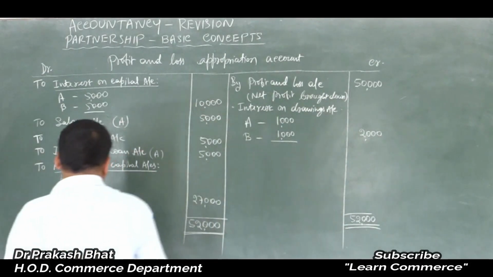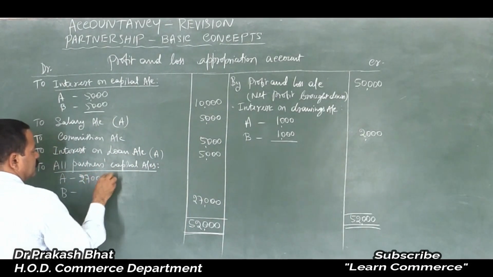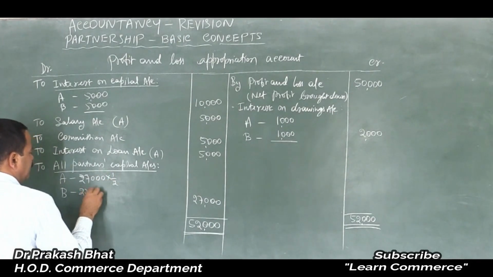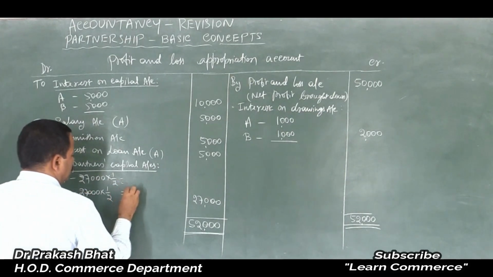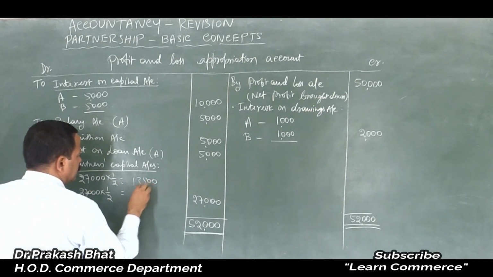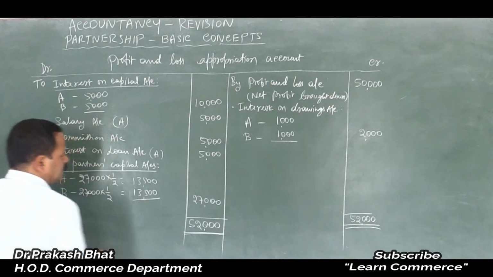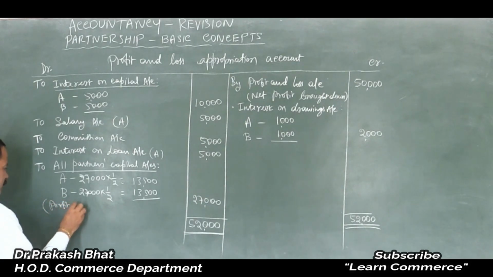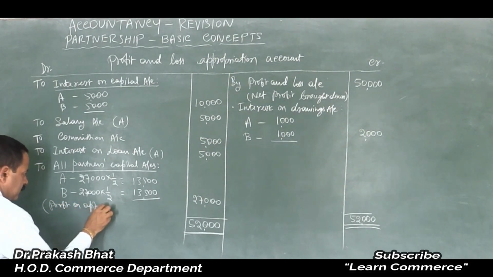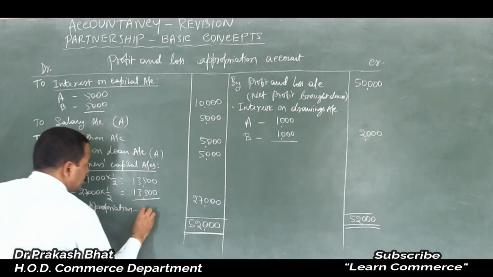So 27,000 into 1 by 2, the amount is 13,500. 13,500 each, total 27,000. Profit on appropriation, balancing figure.